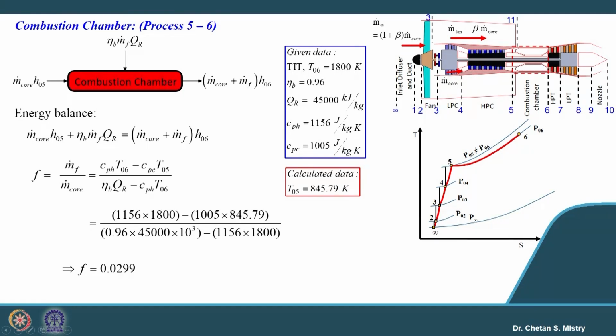So, we will write the energy balance equation and the fuel air ratio, if we are calculating based on the information available, say Cp value is given for hot gas as 1156, for air it is 1005, and turbine entry temperature is 1800. Based on that, if we do our calculation, this is coming to be 0.0299.